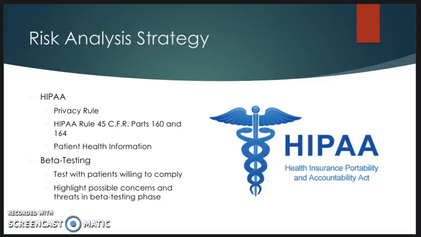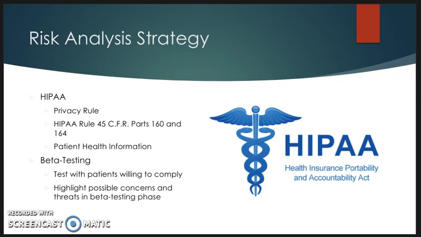When considering the implementation of such a health information system, it is important to have a risk analysis strategy. This strategy recommends and seeks for individuals to highlight the various rules and regulations surrounding that specific health implementation, as well as doing some sort of beta testing.